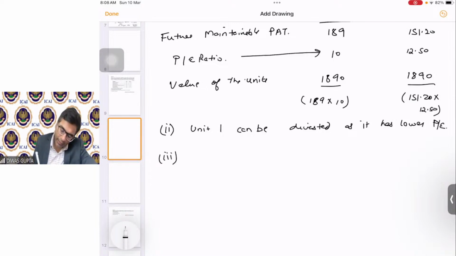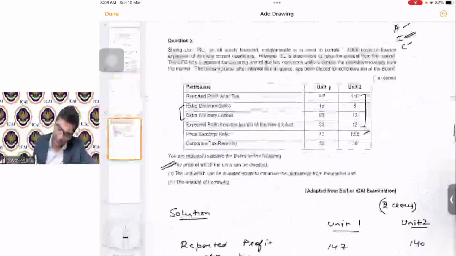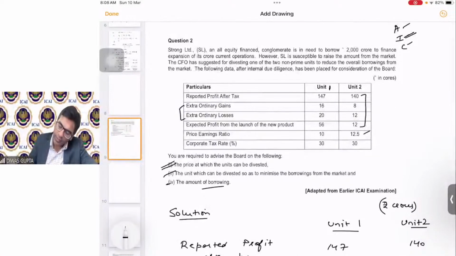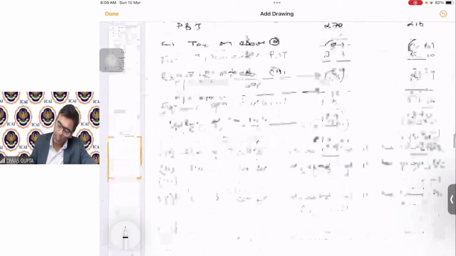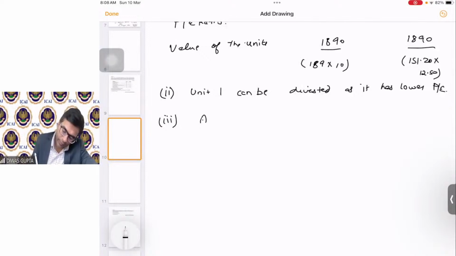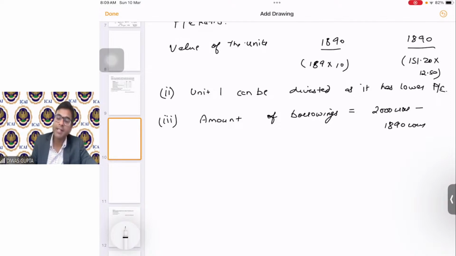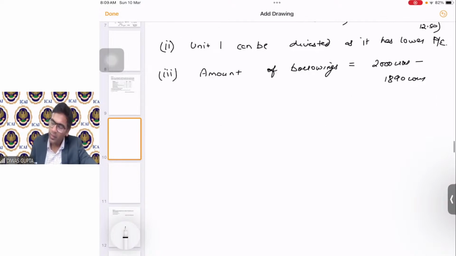And the last part is the amount of borrowings. What is the total requirement? 2000 crores. Amount of borrowings is equal to 2000 crores minus 1890, which we will finance by selling this unit. What is the amount that is left? 110 crores.